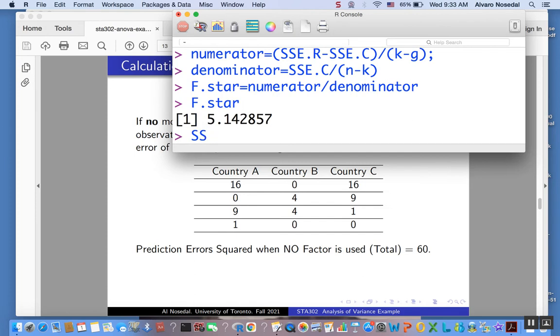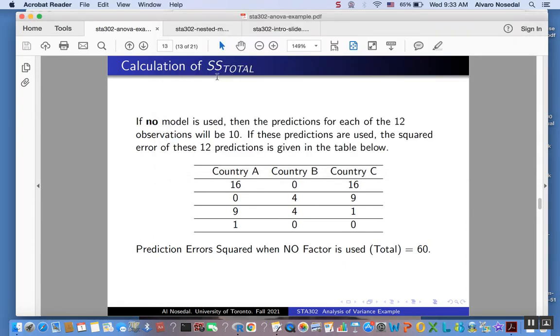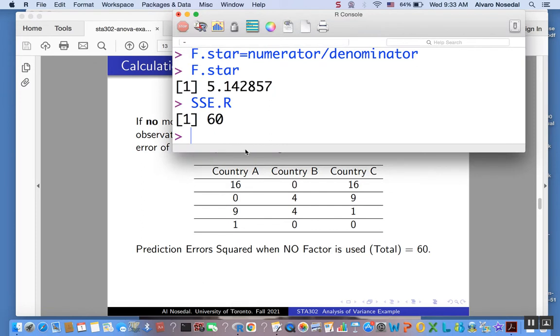SSE for the reduced model, 60. So the SS total, the sum of squares total, is in our case, in terms of our partial F-test, the SSE of the reduced model.